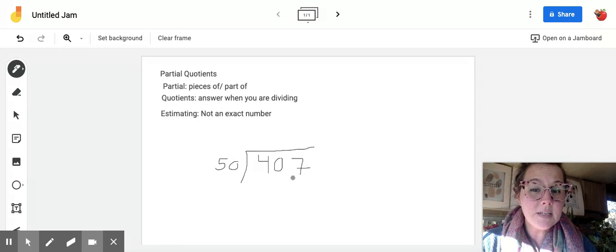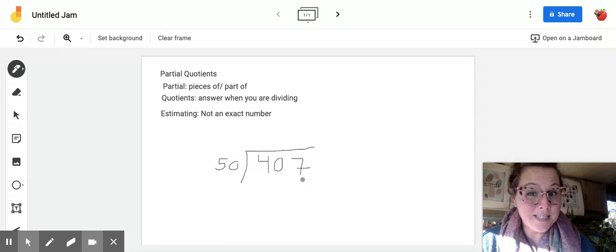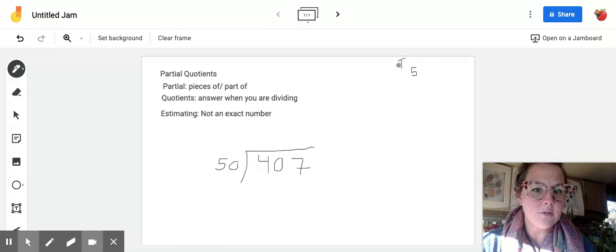If you did 50 divided by 407, you'd end up with a remainder because 50 doesn't go into 407 evenly. But maybe there is a number closer to 407 that 50 would go into. So that's when we do our fact family, right? Remember, this is called your fact fam.